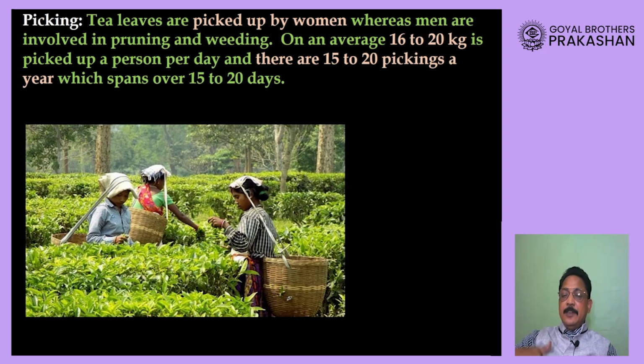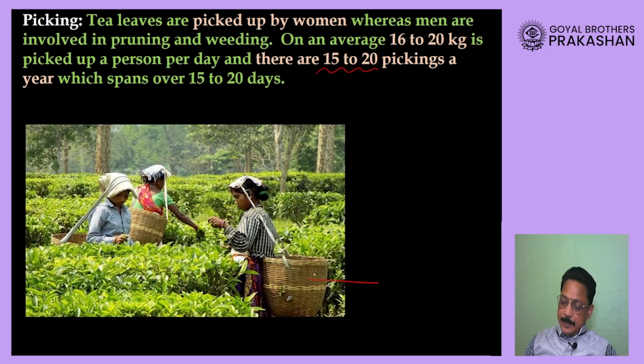Then again, when the tea leaves begin to grow, the process of plucking will start again. So in this way, in 1 year, there are about 15 to 20 pickings of the leaves, and on average, one person collects about 16 to 20 kilograms of tea leaves daily.